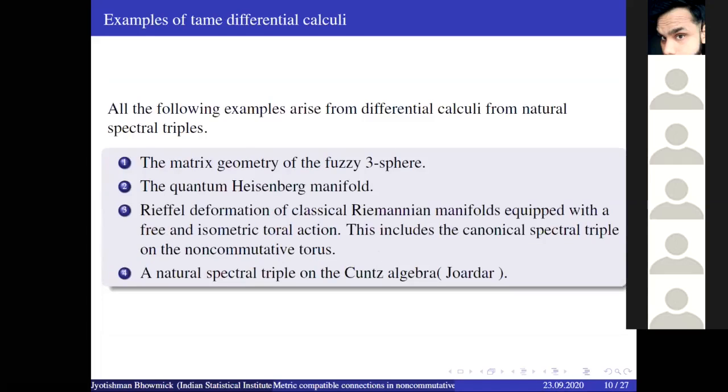I will show the next slide: the fuzzy sphere, the quantum Heisenberg manifold, and some peripheral deformations. And Joardar had this example of a spectral triple on the Cuntz algebra. All these examples come from natural spectral triples on some algebras.